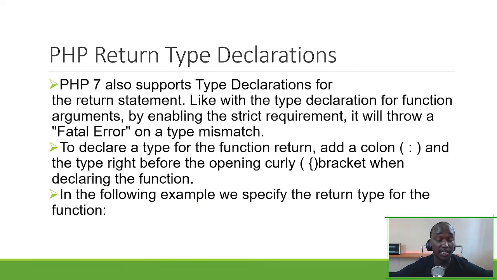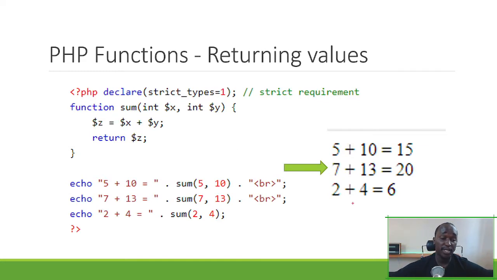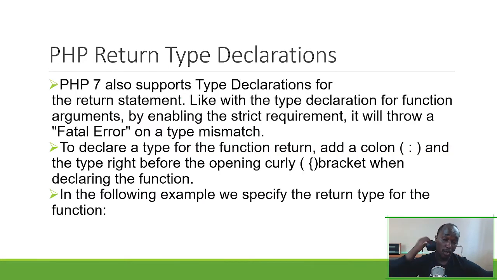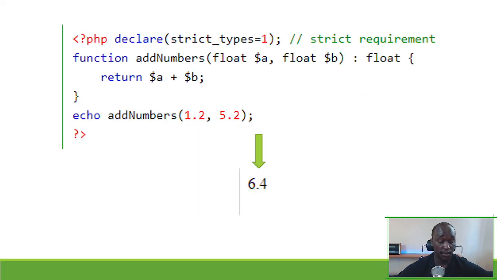Now, in this example, we did not specify the data type of the returned value. So in the following slide, we want to learn how to do that. How do you specify the data type of the returned value? So how to do that is like this.